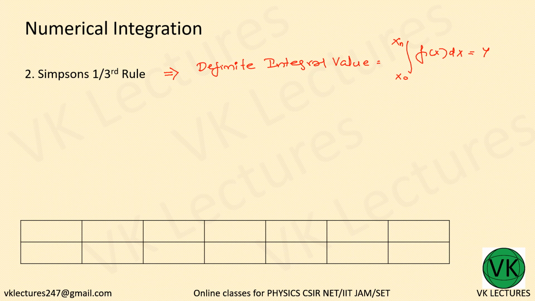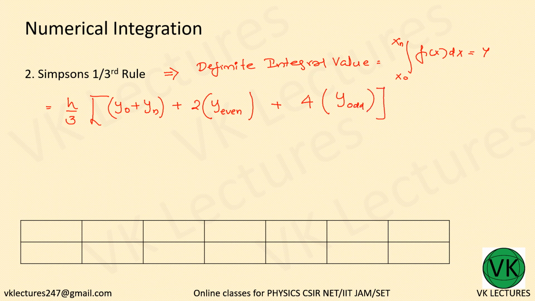The formula is h divided by 3 into y0 plus yn plus 2 into the sum of even terms, plus 4 into the sum of odd terms.